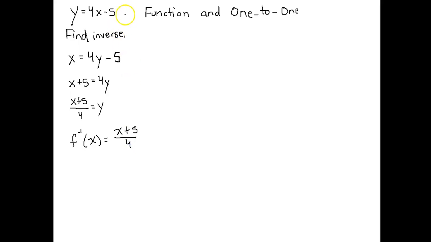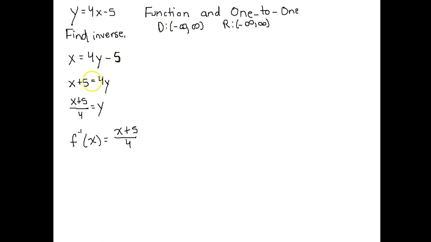The domain and range of the original function was negative infinity to infinity. So we don't need to worry about specifying anything about domain or range down here with the inverse.